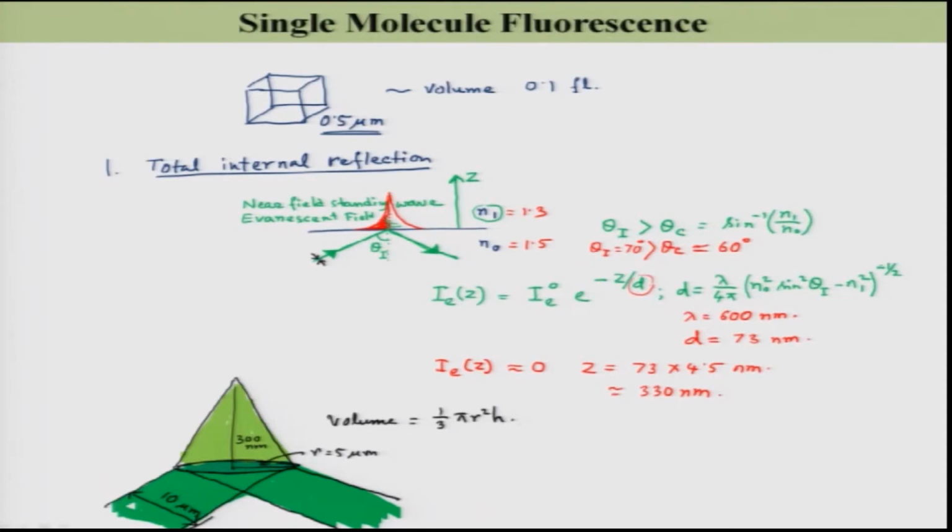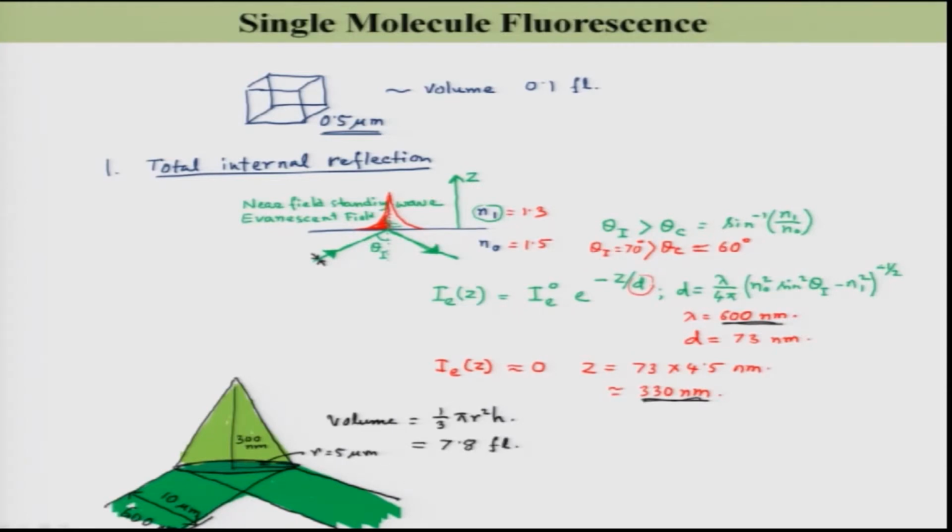So, here is my situation: 600 nanometer light is making such a thing. For the 600 nanometer light I have calculated that the height is about 300 nanometer, and with that I want to calculate the volume. If you plug in all these values, you will see that the volume is 7.8 femtoliter.